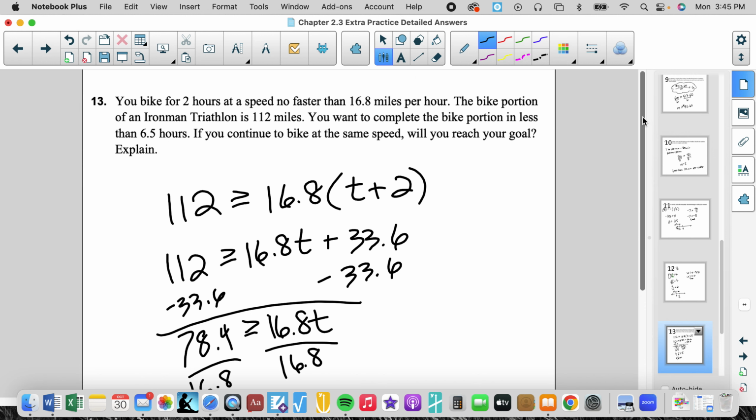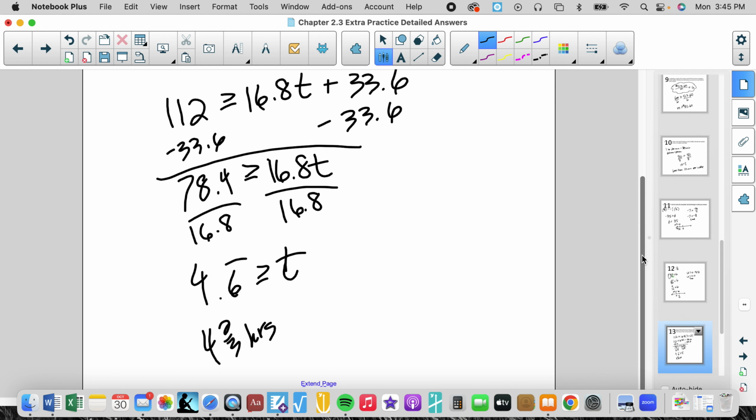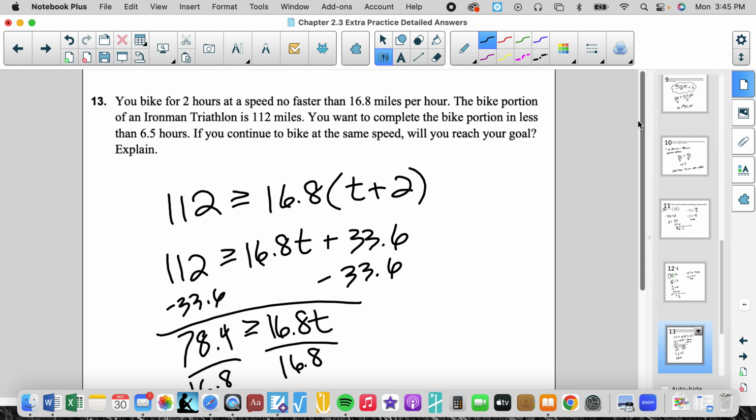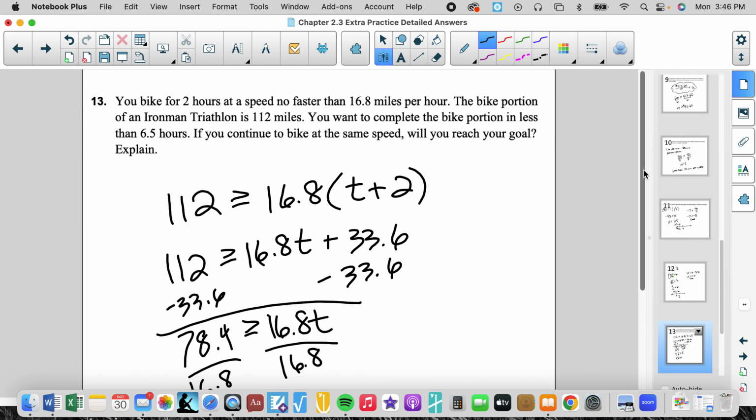So if you continue to bike, will you reach your goal? You want to complete the bike portion in less than 6.5 hours. If you continue to bike at the same speed, will you reach your goal? So if it took 4.6 repeating for t, plus 2 gives me 6.6 repeating hours.